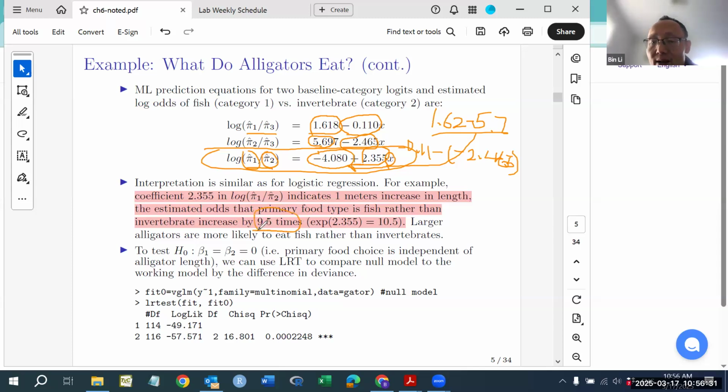Why is it 9.5 times? Because the exponential of 2.355 is what? Is 10.5, right? So that's why it's increased by 9.5. So it's 10.5 times, that means increased by 9, right? So that's how we can interpret the results. And we can do the same thing for the other two.